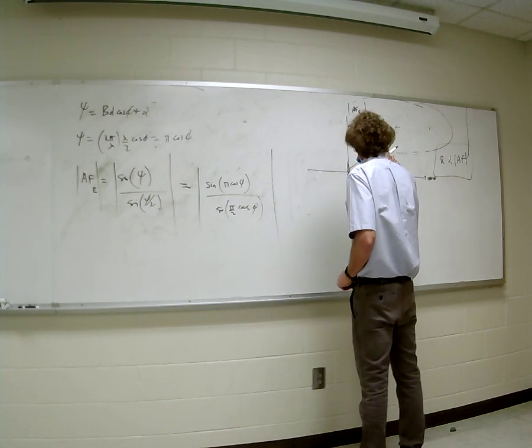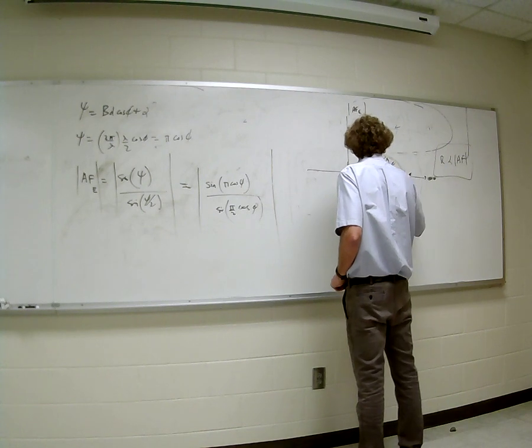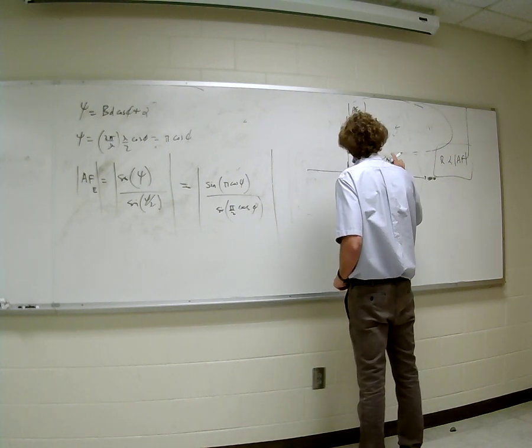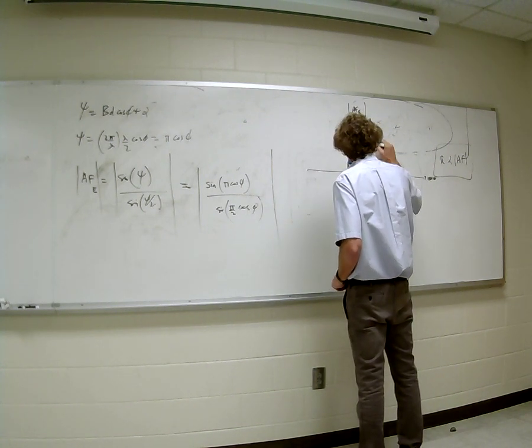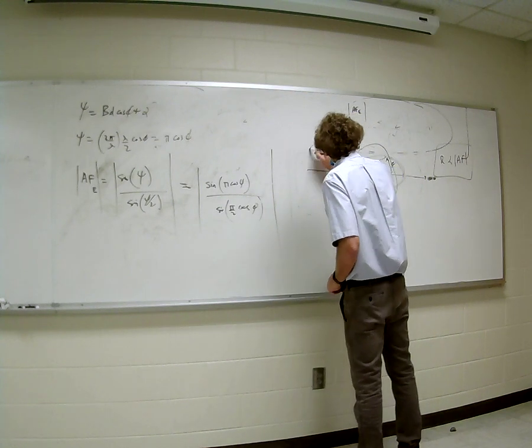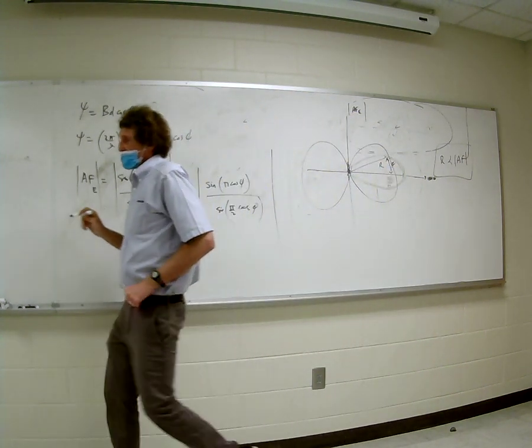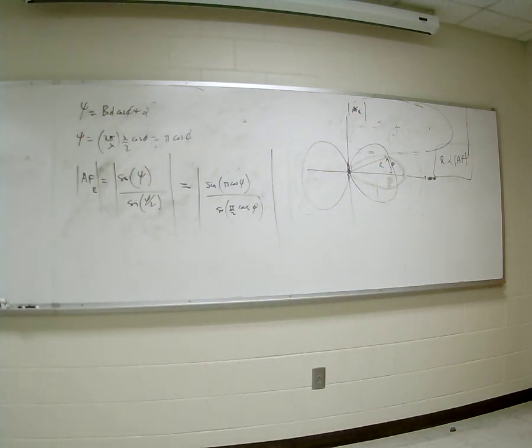What you're actually going to get, he shows this. This is hard to show here. He shows this exact pattern. You can plot many points and see that's what it is. That's shown on page 472, figure B. He shows the antenna elements, their vertical dipoles, but he takes the plot in the XY plane.